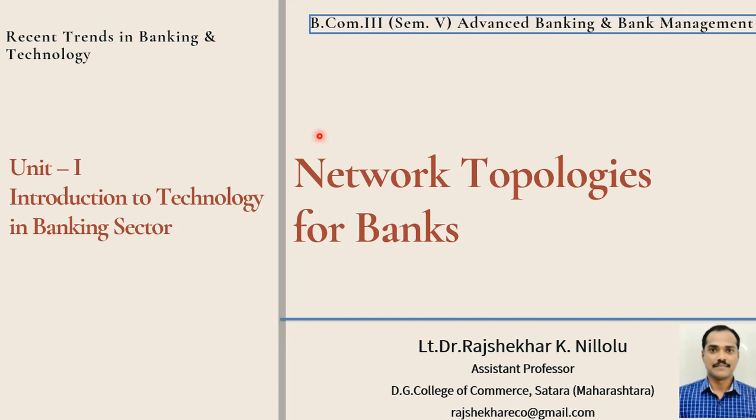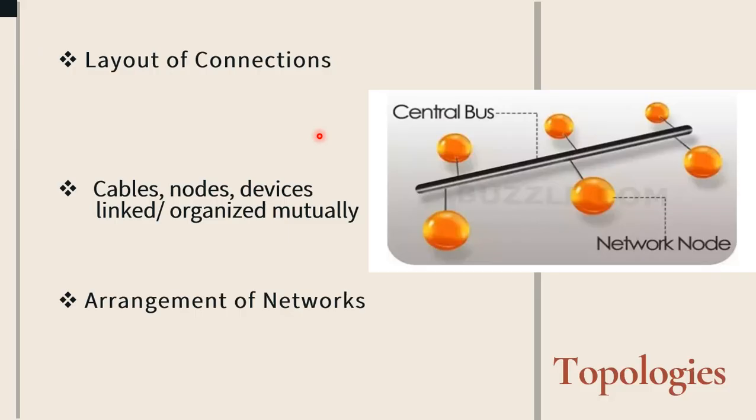In one of the earlier lectures, while explaining the network topologies of banks, at the initial moment I explained the meaning of topologies. It is the layout of connections, how the wiring for the connectivity of different computers is configured. That is what the meaning of topologies is.